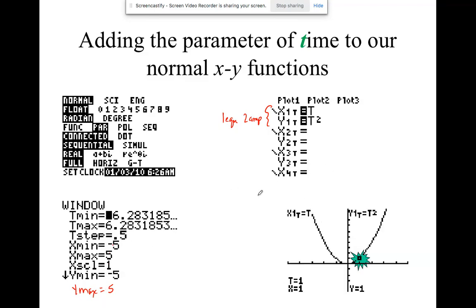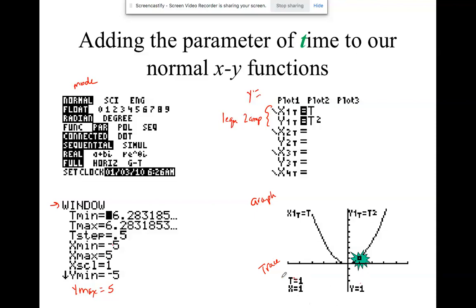So here's what the graph looks like if you now hit graph. So this is your mode screen, y equals screen, window screen, and then hit graph. And if you hit trace, you now have three things down here.